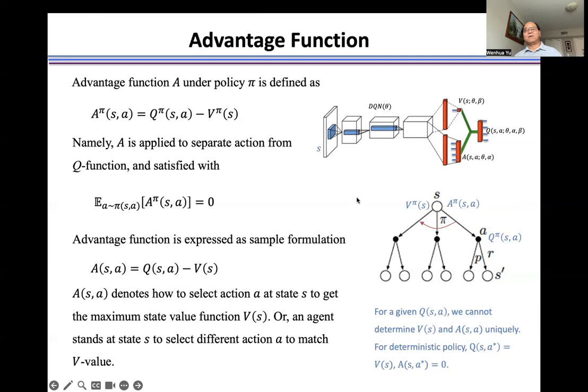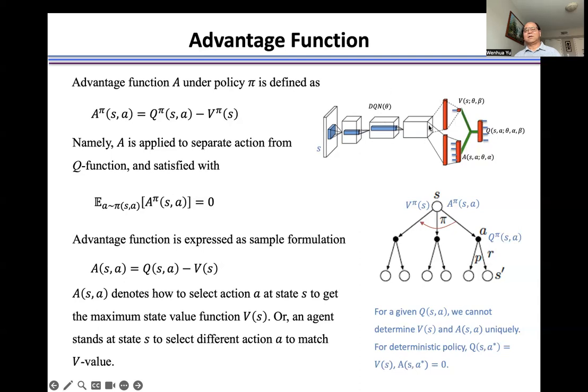What does that mean? For example, in the double deep Q network, we have two networks. One is a Q network here, another is a target network. This is a regular convolutional module, and here is the output. We keep the same as the double deep Q network.